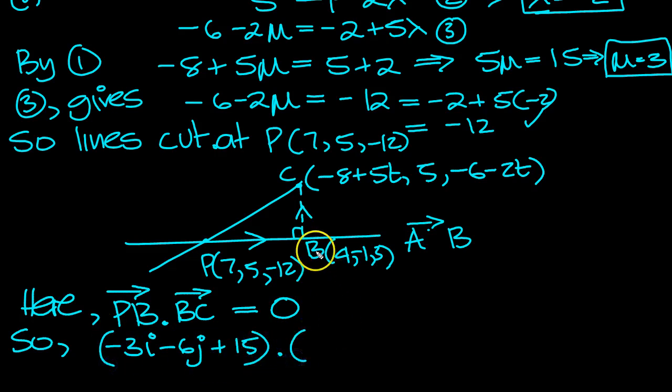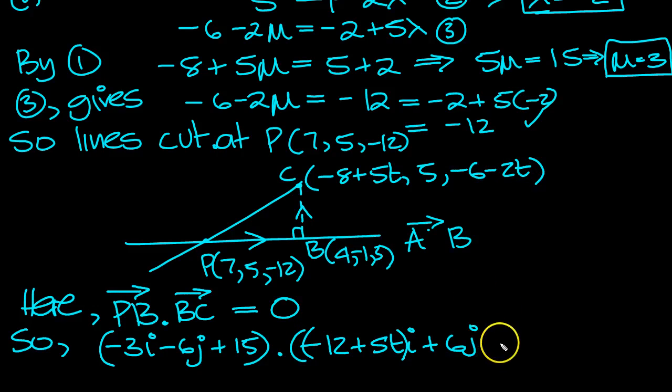Dot with BC. Now B to C is minus 8 plus 5t take 4, which is minus 12 plus 5t, i. 5 minus minus 1 is 6, so that's j. And then minus 6 minus 2t minus 3 is minus 9 minus 2t, k. So there are our i, j and k's.